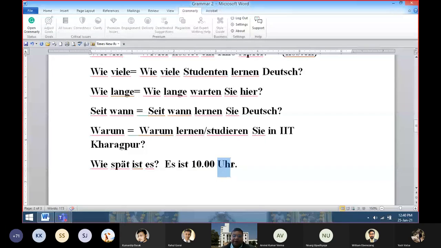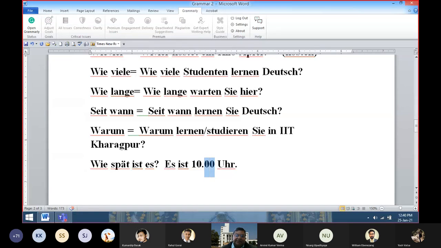Uhr has two meanings: watch, but if it is put after the number, the meaning becomes hour. In German, we do not write AM and PM. We write 0 to 24. So if the time is 10:15, how will you read it? Es ist zehn Uhr fünfzehn. This is the way we read.